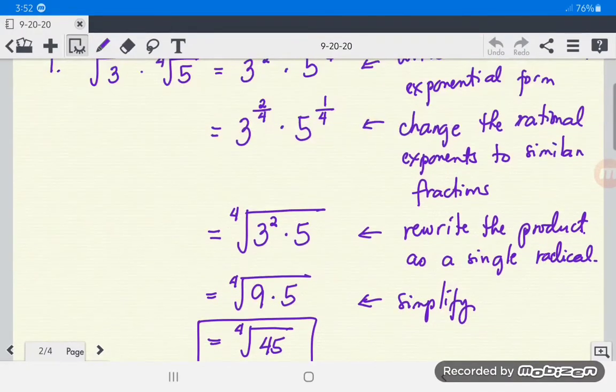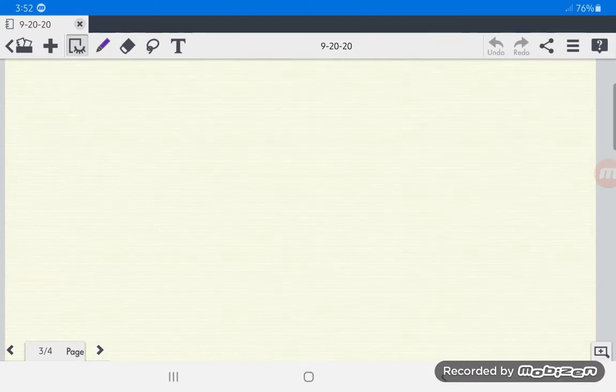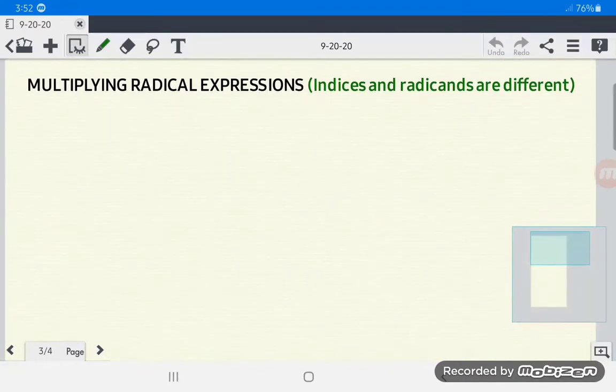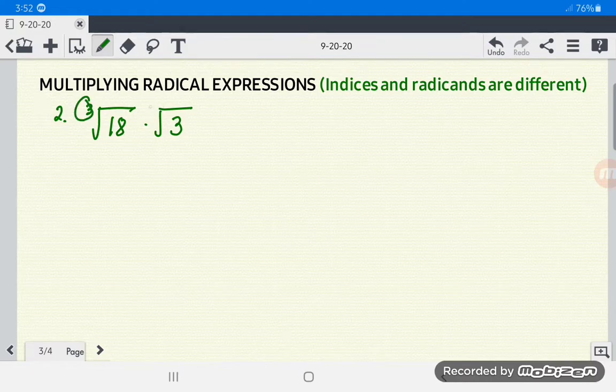Next, number 2. Let's say we have the cube root of 18 times the square root of 3. The indices are different and also the radicands are different.